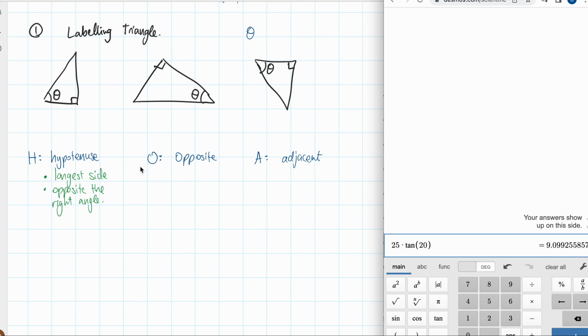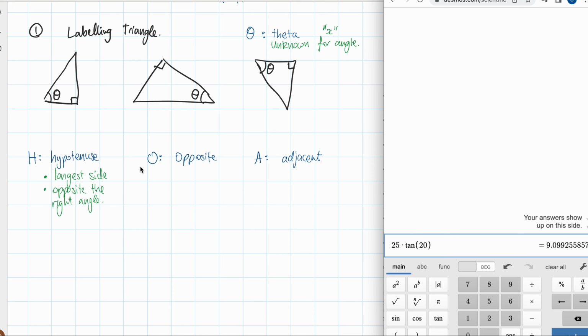Now, this is called theta, and it's the unknown for an angle. So it's a special letter that we use for the angle in a triangle. So you can think of it like an X, but it's for an angle. So you see the value theta a lot.